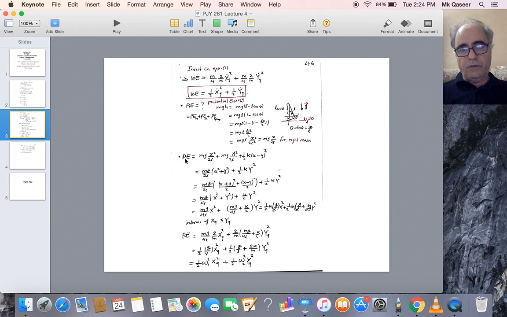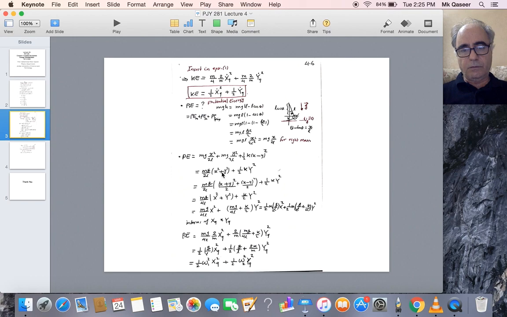Hence the potential energy is mg x squared over 2L plus mg y squared over 2L plus the elastic energy of the spring, or the energy stored in the spring, which is half k (x minus y) squared. Now this thing can be written as mg over 2L of (x squared plus y squared) plus half k (x minus y) squared. Now we can do this expression as we did in the case of kinetic energy.